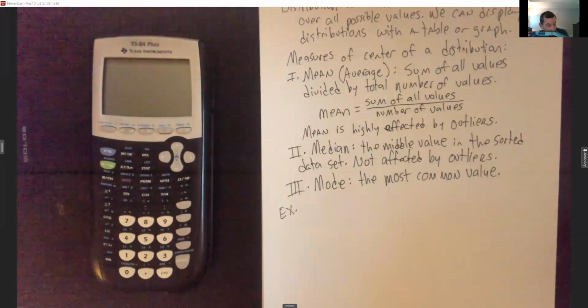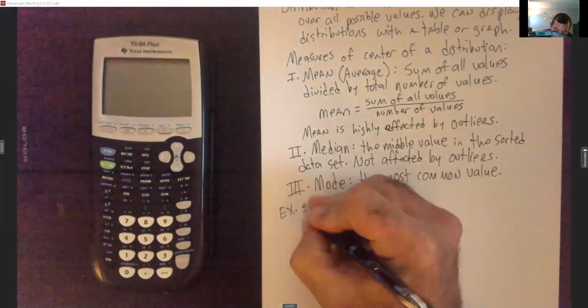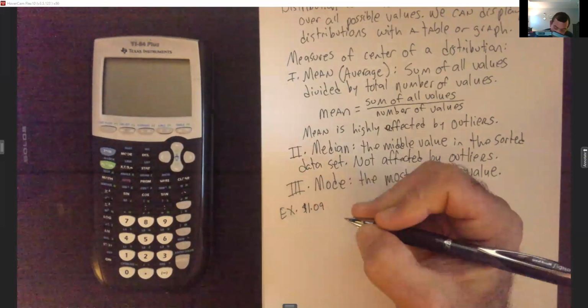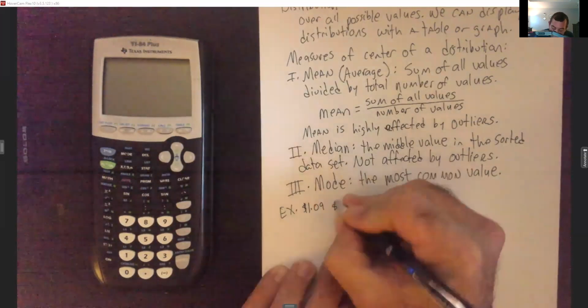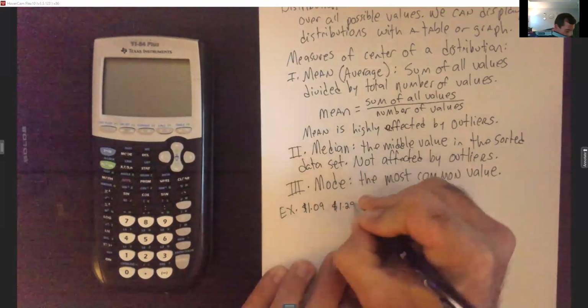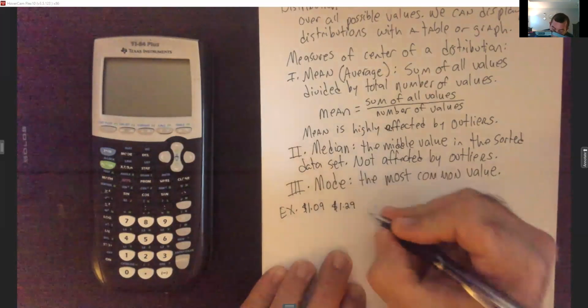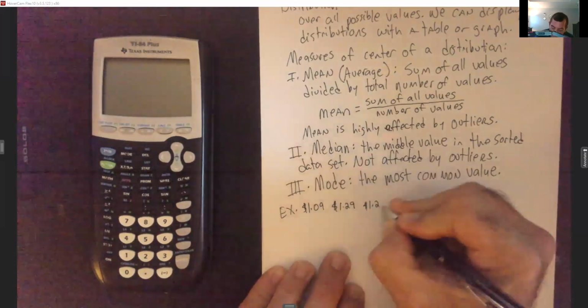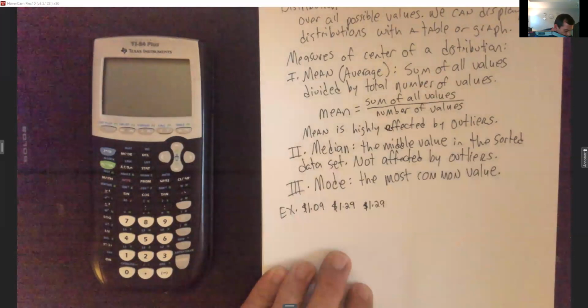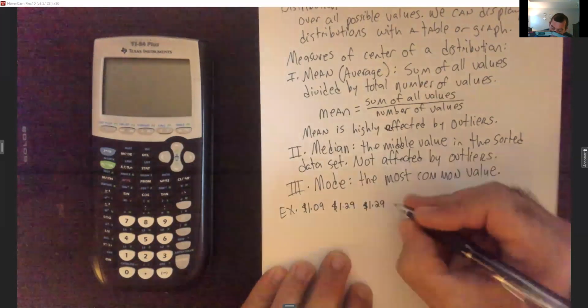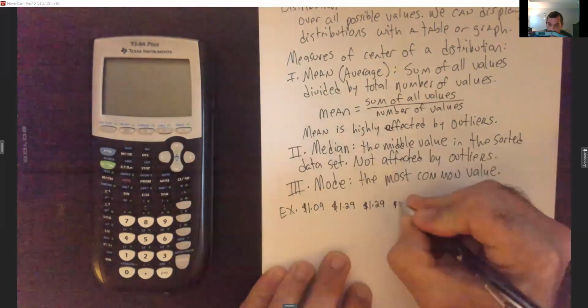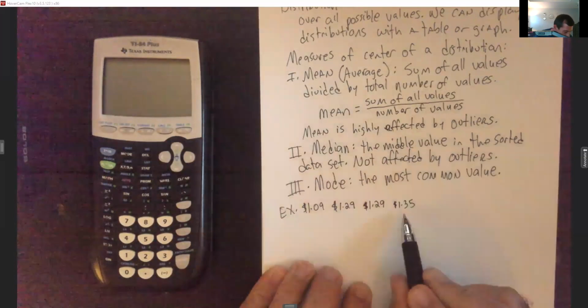So there's 8 grocery stores that sell the PR Energy Bar for the following prices: $1.09, $1.29, $1.29, $1.35. So those are supposed to be dollar symbols.